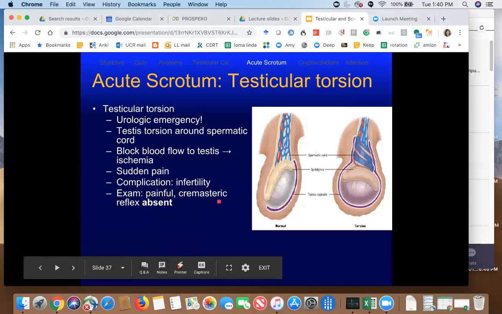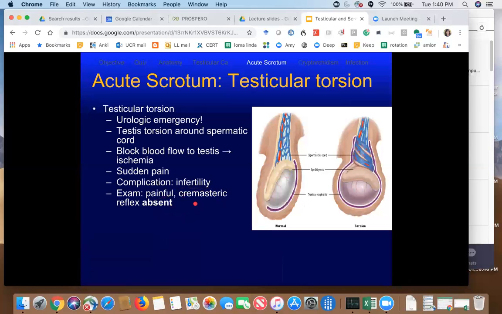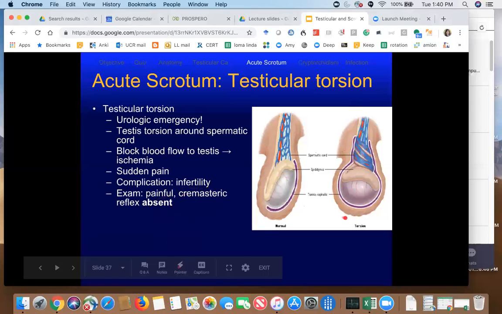In this condition, the cremasteric reflex is absent, and the reason is because the nerves are out, in contrast to epididymo-orchitis, where the nerves are still fine. The cremasteric reflex is where you rub the inner thigh, and that causes contraction of the cremasteric muscles and causes the scrotum to lift.